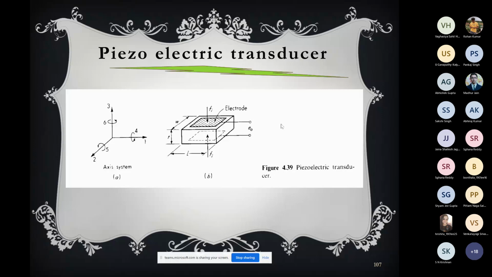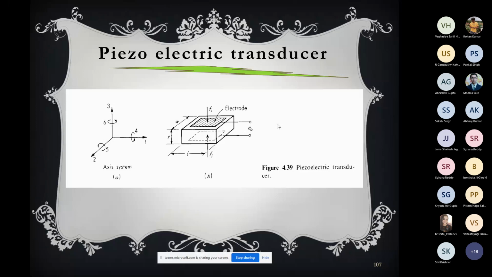Now we consider some force applied, as shown in the figure, to a piezoelectric material. What types of force can be applied? There might be two types of force, one is linear, another is torsional. If you see the axes in figure A, there are three axes, 1, 2, 3, and the force you apply can be along the three axes, or it can be decomposed into the three axes.